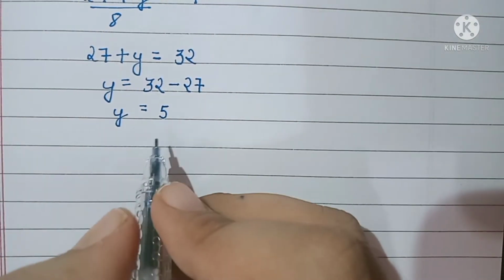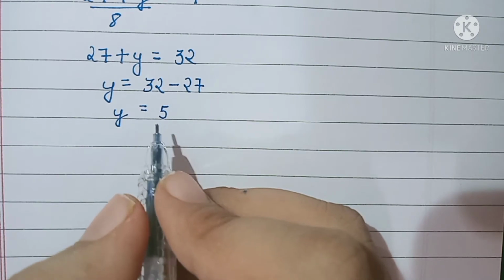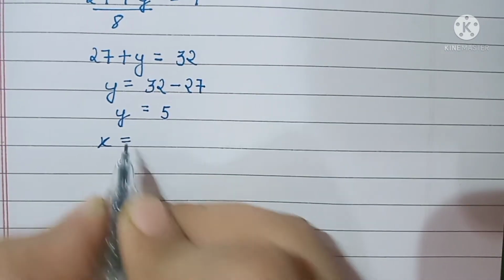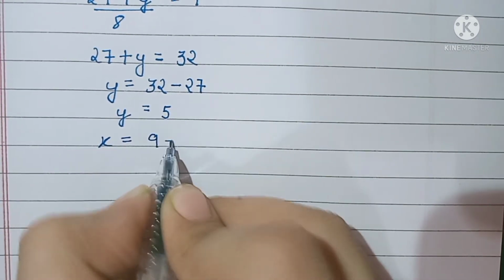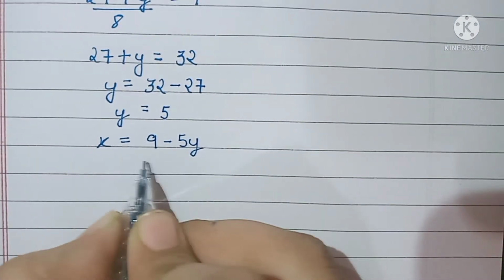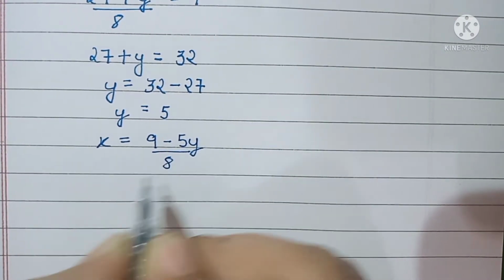So we can easily calculate the value of x. x is equal to (9 minus 5y) upon 8.